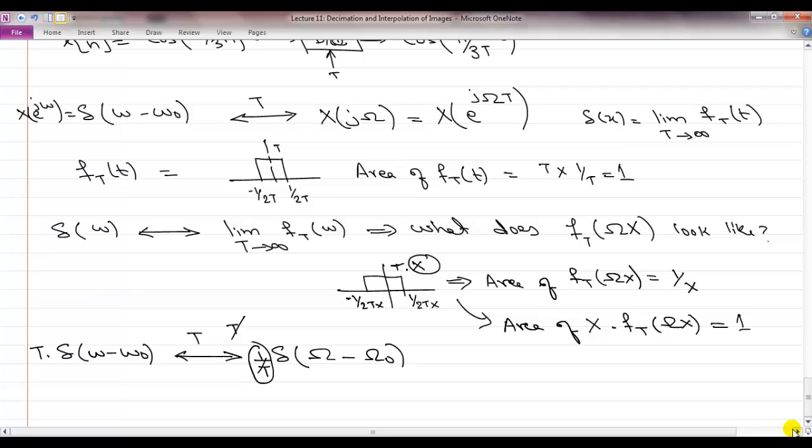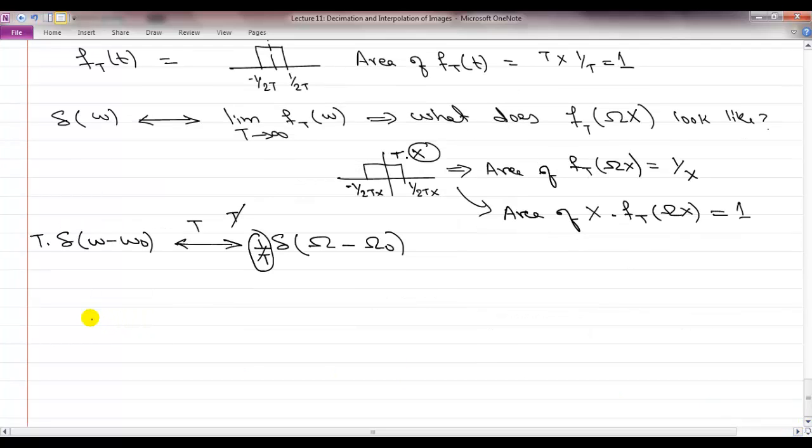So the upshot is that when you're scaling the frequency axis, in the case of an impulse, we have to be careful that you don't put the multiplication factor in front.